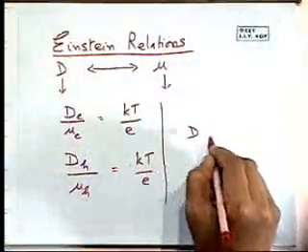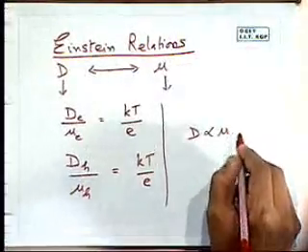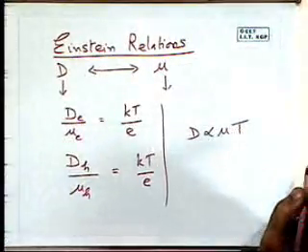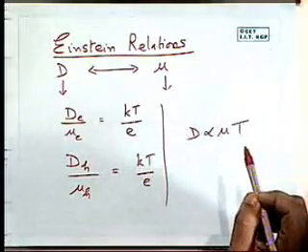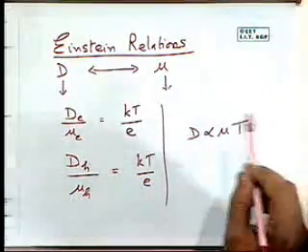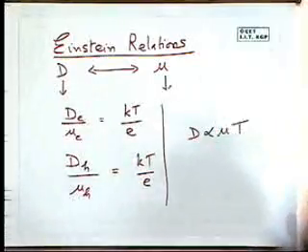What we see is that the diffusion coefficient in each case is proportional to mobility, and also proportional to temperature. The temperature part is very obvious to us, but in addition, it is also proportional to mobility, because the same kind of things that cause scattering in mobility, namely defect structures, will also scatter the diffusional carriers. So this is an intuitive kind of thing that we can look at.